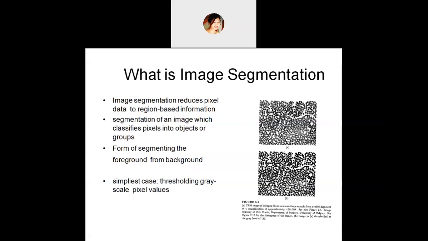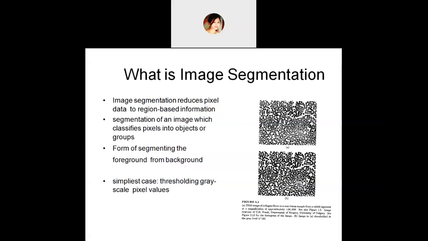When you talk about a particular region, those pixels will have only a particular characteristic, say color. Another region talks about only a particular characteristic, say intensity. So image segmentation helps in reducing the pixel data to region based information.